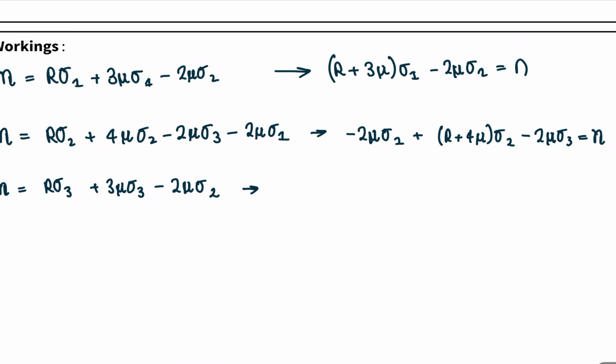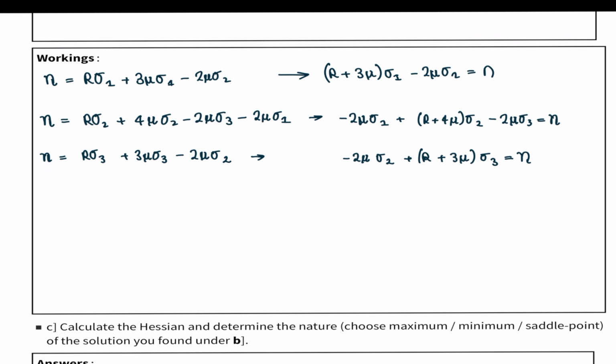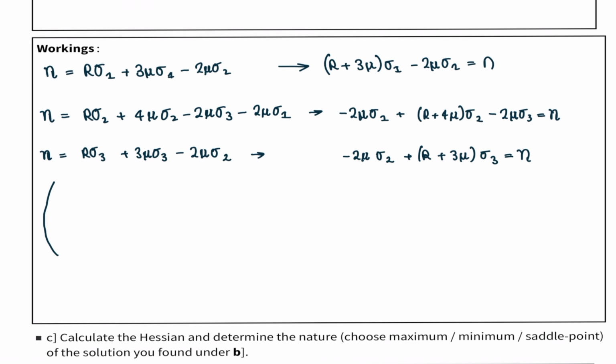And then finally, this we can rewrite as minus 2 mu sigma 2 plus (r plus 3 mu) sigma 3 is equal to eta. Okay, now that we have these 3 equations, I'm going to write them in a matrix.